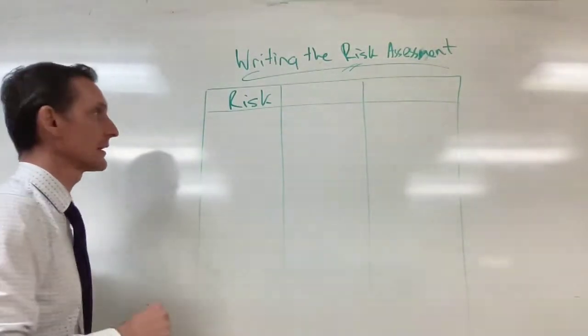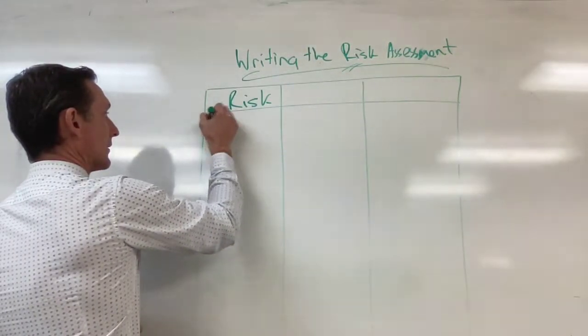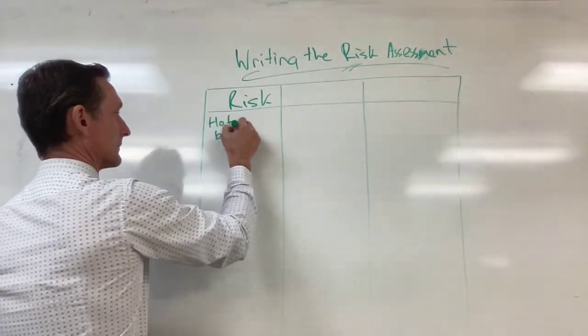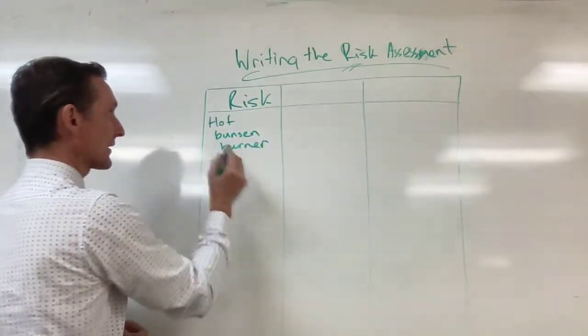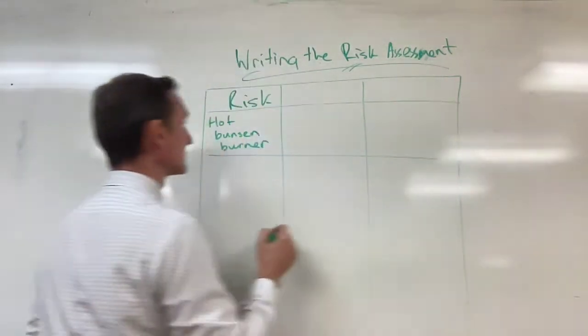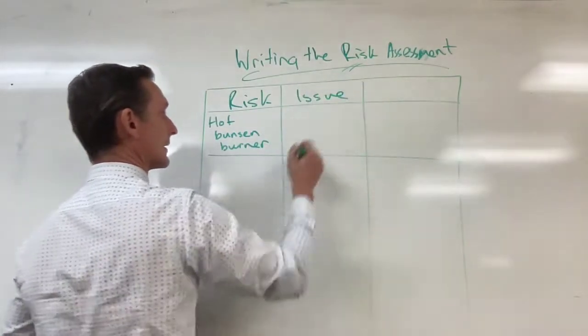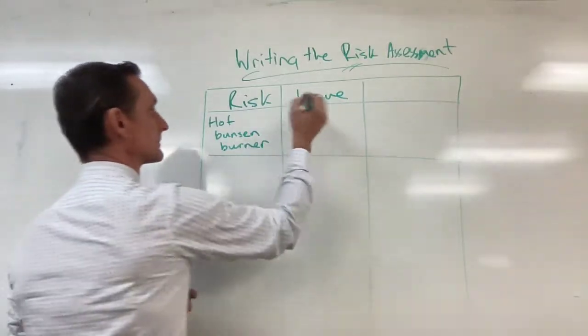So that could be a hot Bunsen burner, that could be the risk. The issue with that risk is that you can have burnt hands.